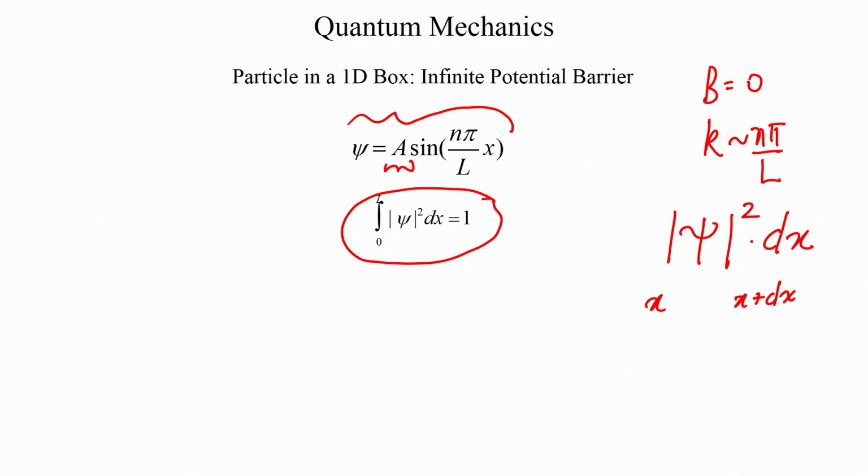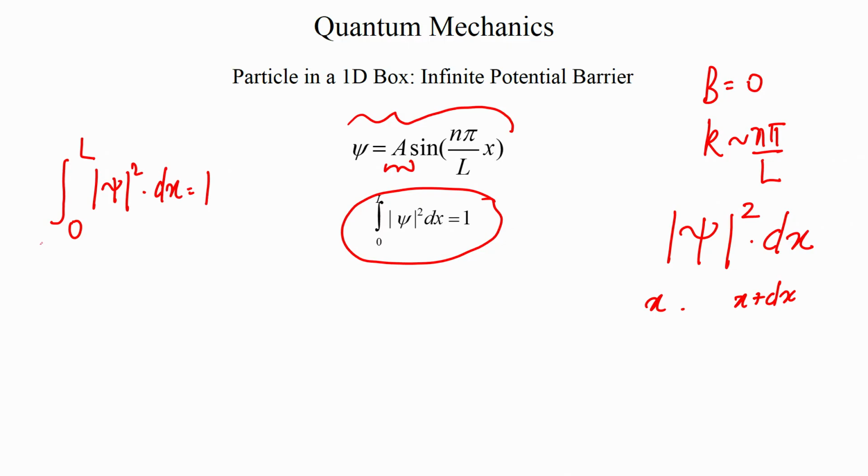So the probability that the particle exists somewhere inside the box is the summation of all these minuscule probabilities, which is simply the integral from 0 to L of all these little probabilities, and this is 1.